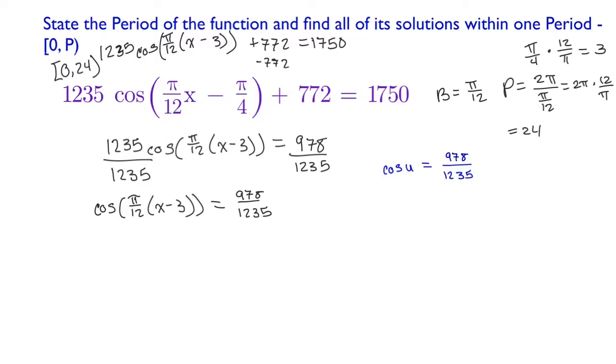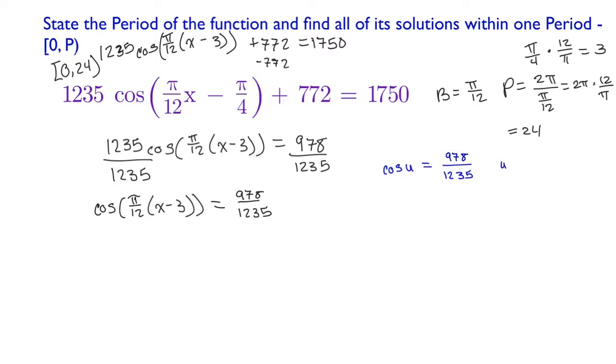And so the two places where cosine is going to be positive is in the first and the second quadrant. So that means that when we solve this one, we should get a value for cosine that is in the first quadrant, and then we should apply that to one that's also in the second quadrant.